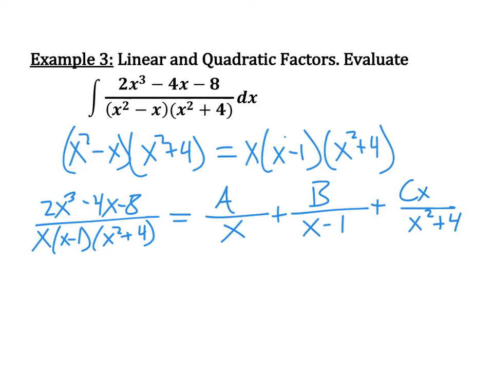In other words, something times x plus something. And again, these a, b, c, and d are just mystery numbers that we need to find. But the key here is that if this is second degree, this needs to be first degree. This is a quadratic, this is linear. If this was cubic, this would need to be quadratic up here. That's how we're going to use our u substitution in the end, you'll see.